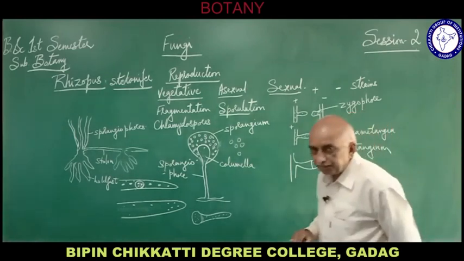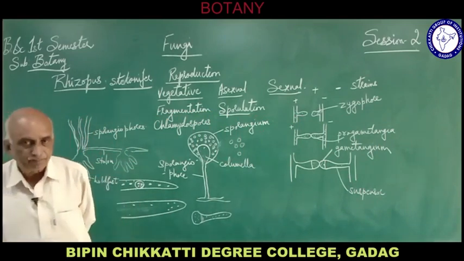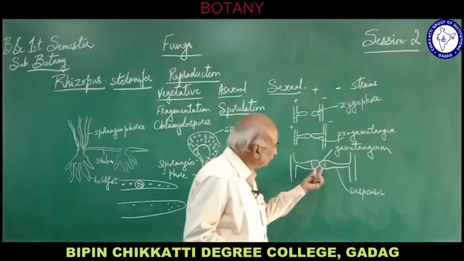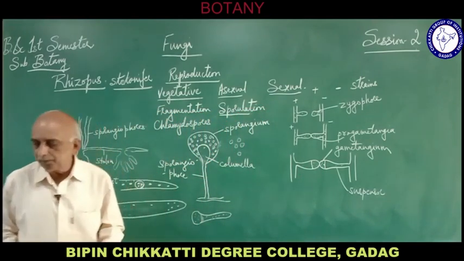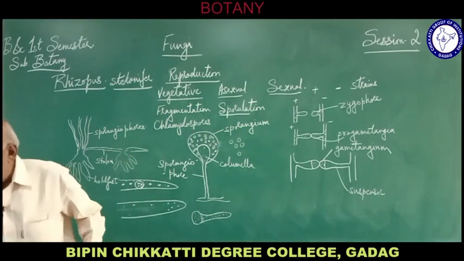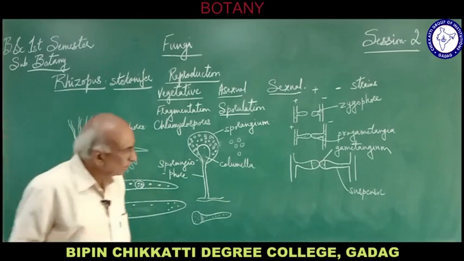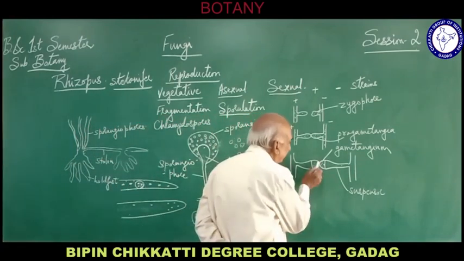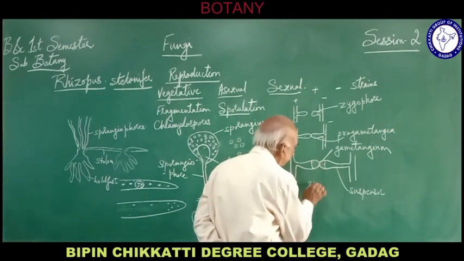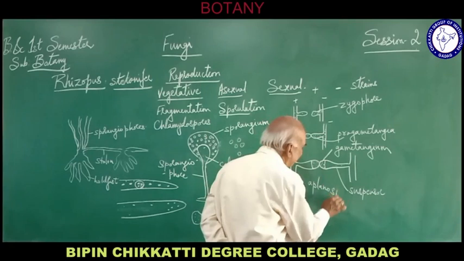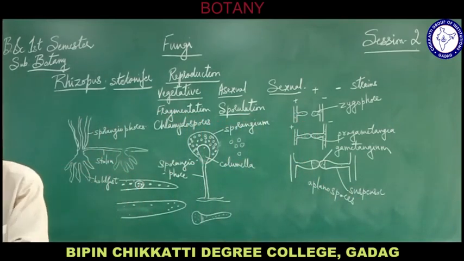Each gametangium contains many nuclei; it is also multinucleate. And these gametangia come in contact with each other. These two gametangia of plus and minus type fuse, and each gametangium forms a multinucleate structure which is called a planogamete, not spores.